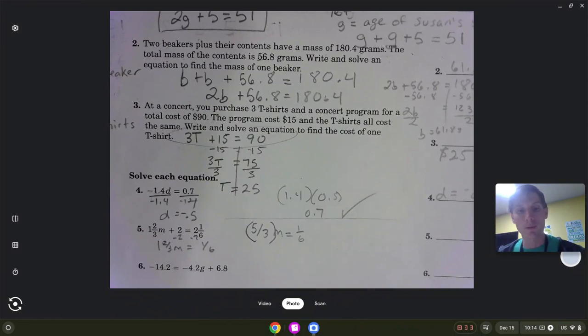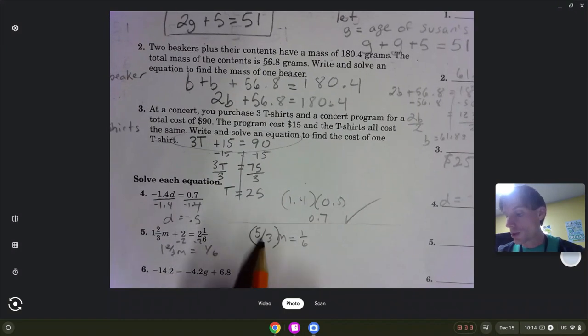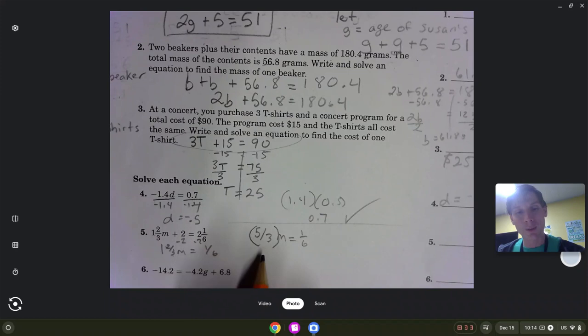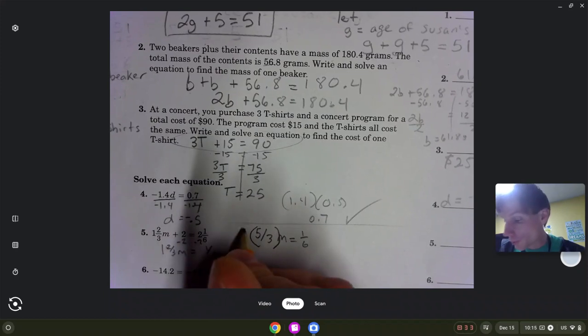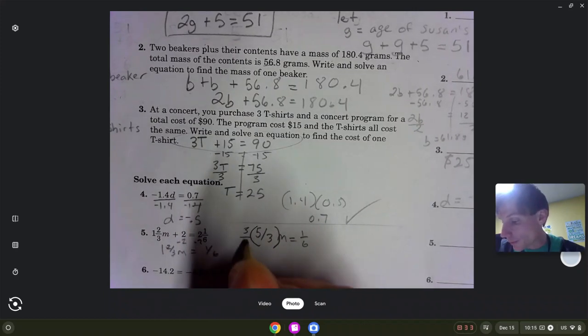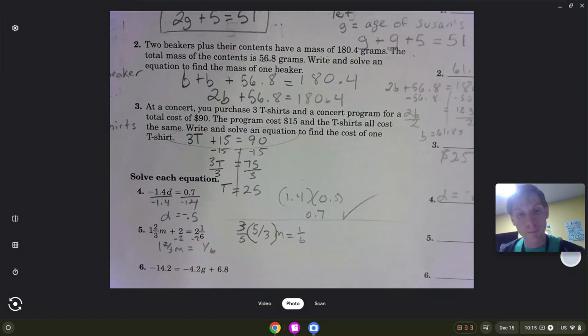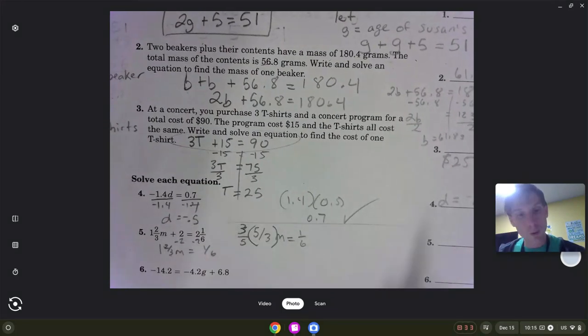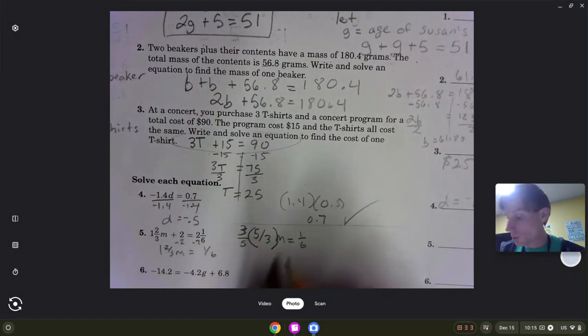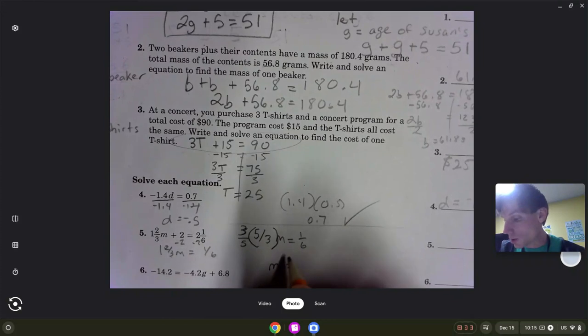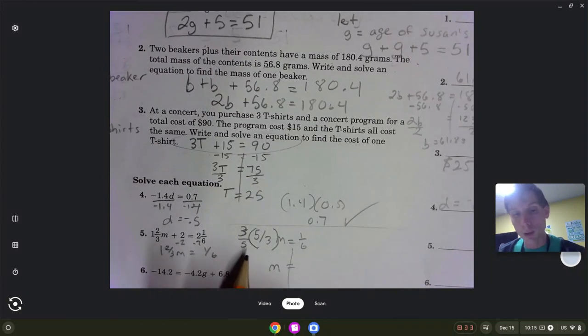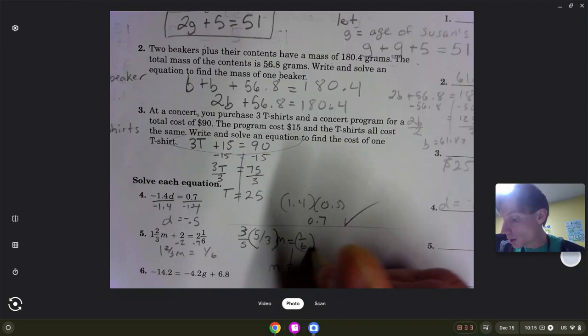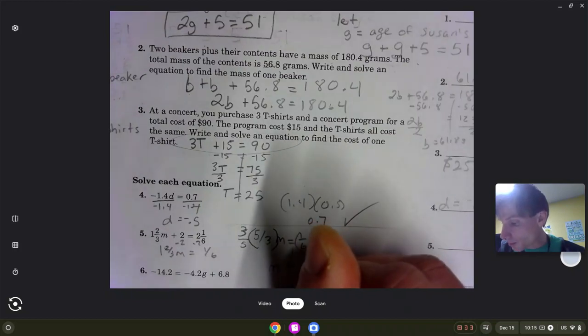The multiplicative inverse, as we talked about before. So again, the opposite of multiplying by 5/3 would be multiplying by the reciprocal, which is 3/5. Okay? So 5 divided by 5 is 1, 3 divided by 3 is 1. So we're left with just an M on this side of the equation, right? But don't forget, whatever we do to this side, we must, that's right, do to the other. We're going to multiply by 3/5.